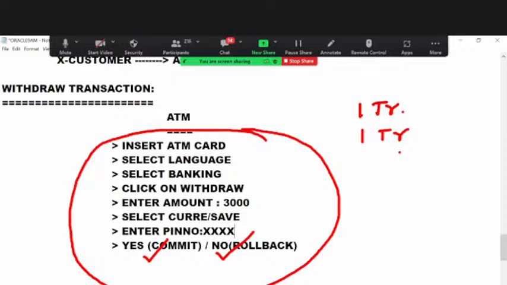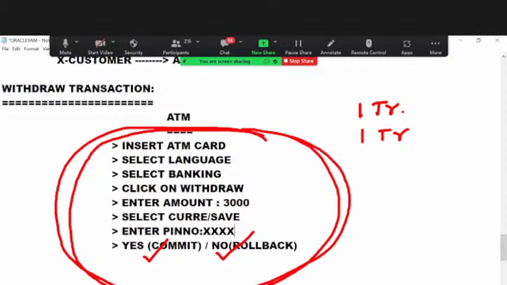In the slip, can you find how many transaction ID numbers are there? 8 or 1? 1 transaction ID. Understand? So these are all called internal operations for your transaction.